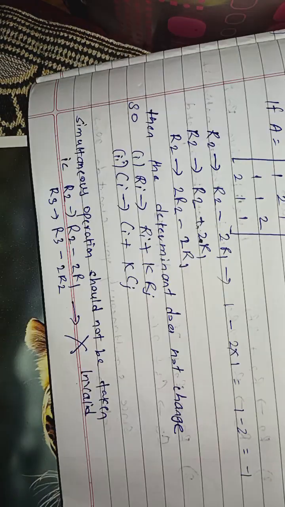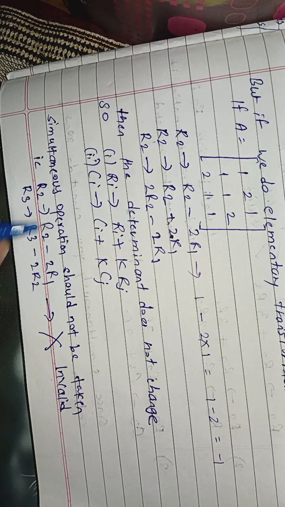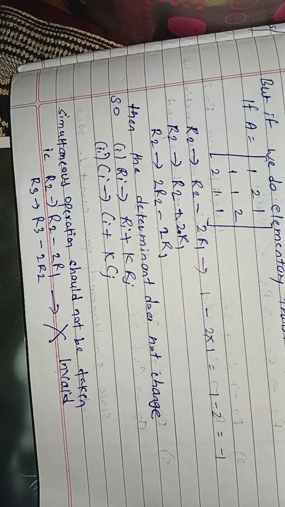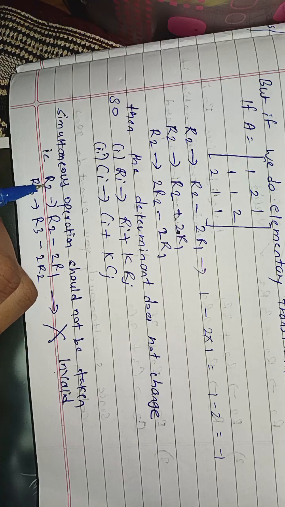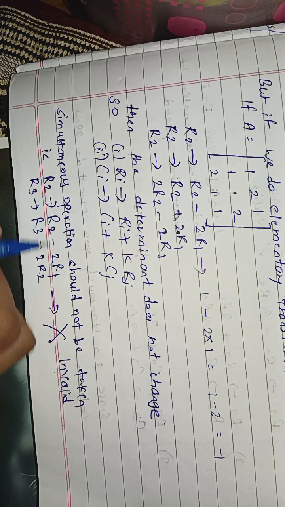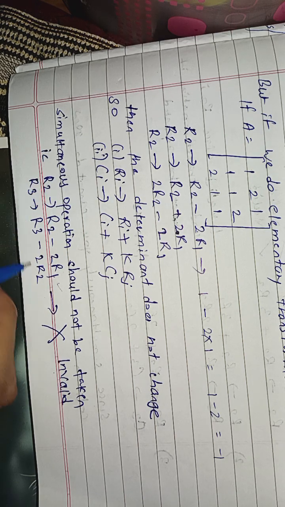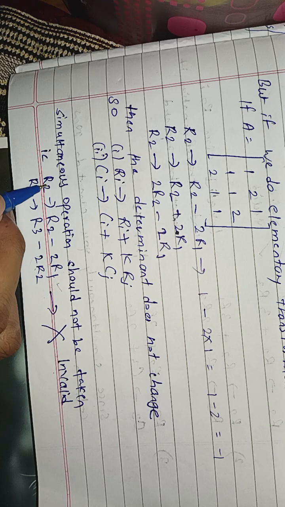And there is one rule here: you can do simultaneous operations, but you cannot reuse the row which is under transformation. That means if I do one transformation, R2 is equal to R2 minus 2R1, this you can do, but in the same step you cannot take R2 in the next transformation, because R2 is getting transformed.